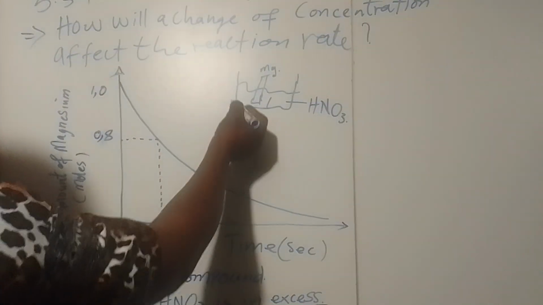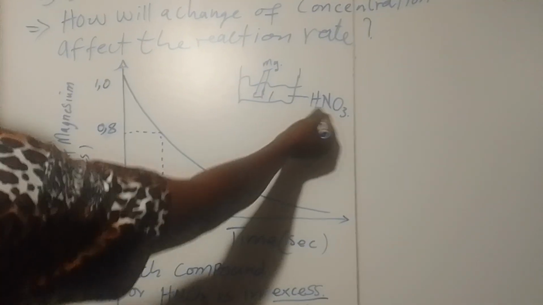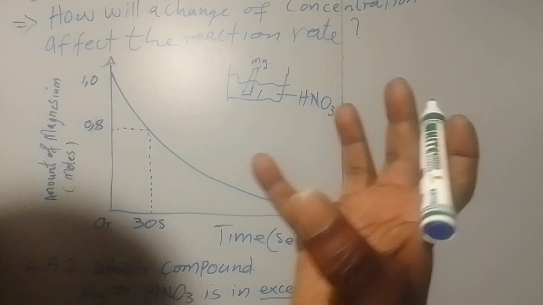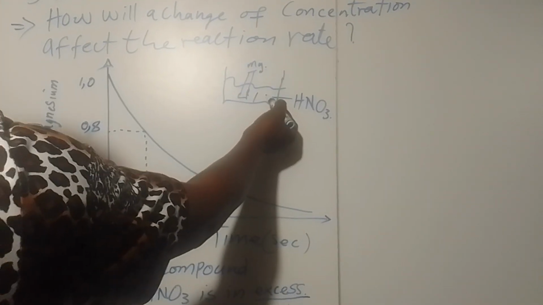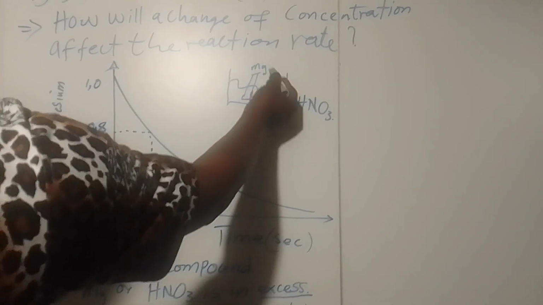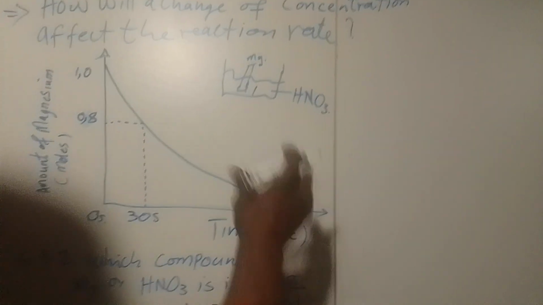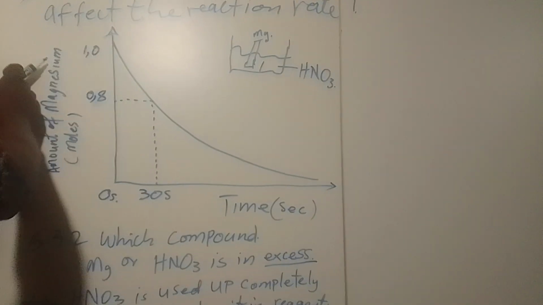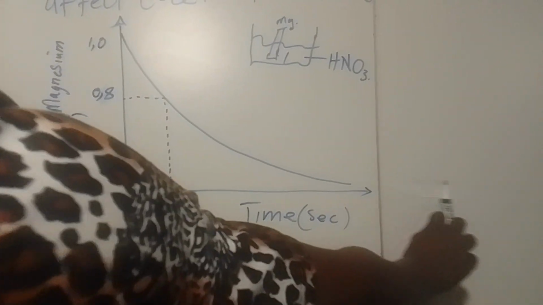So as you can see, HNO3 is going to be in excess. It means it is in abundance. There is more of it than this. It is in excess. Then this Mg strip is going to be the limiting reagent. This is what they want. And on the graph, you can see that the amount of magnesium decreases as time progresses.